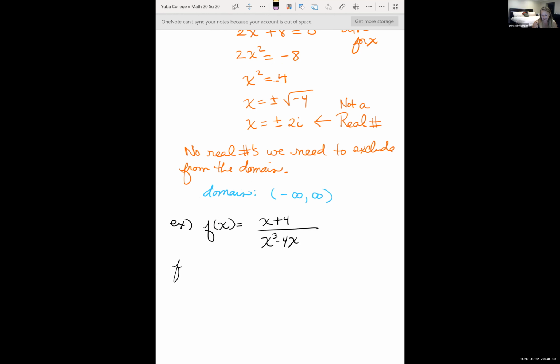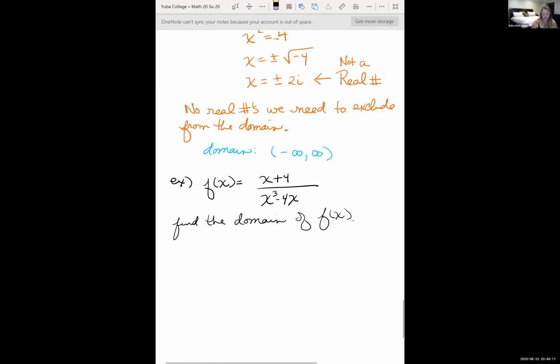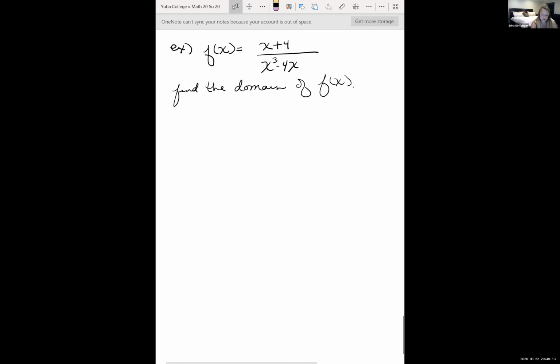So again, find the domain of f of x. So again, first look at where you may have troubles. A rational equation, variables in the denominator. So we can't have x cubed minus 4x equal to 0. We are going to have problems if this is equal to 0.